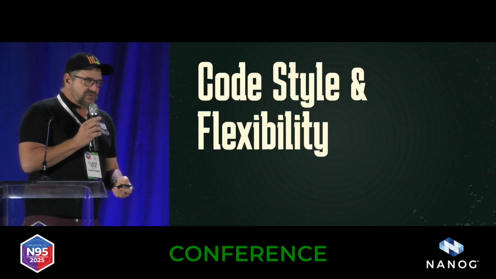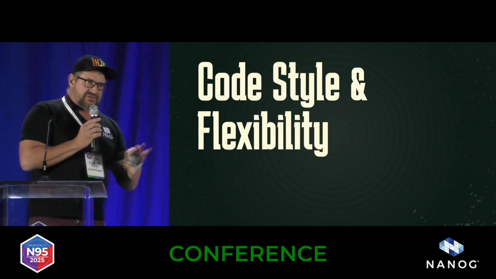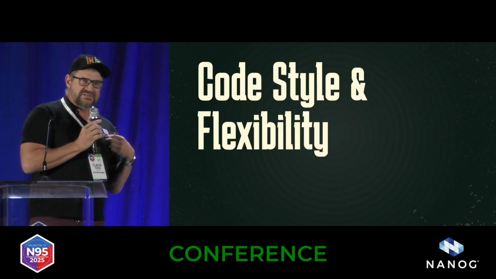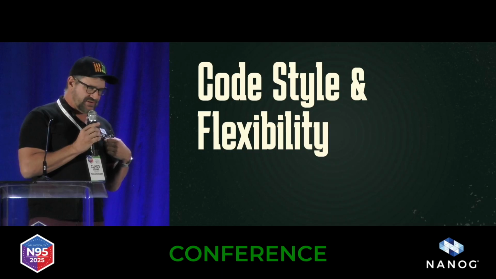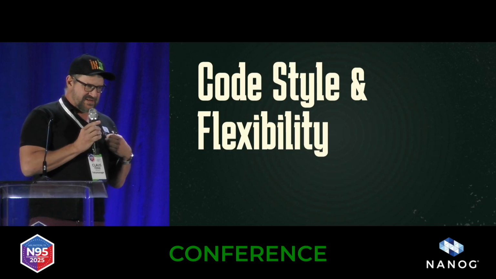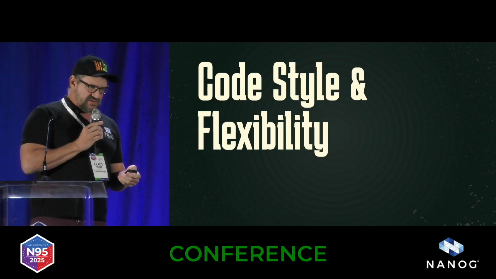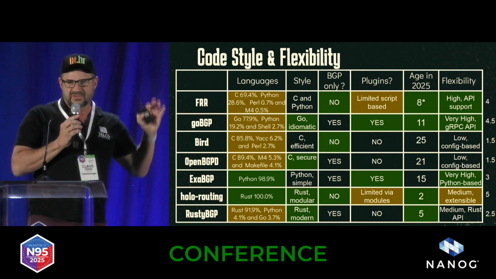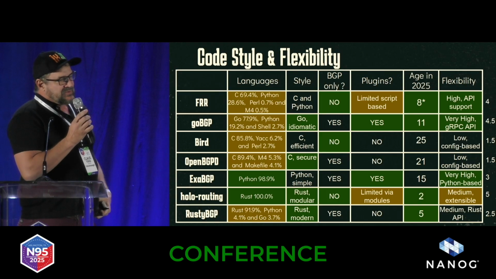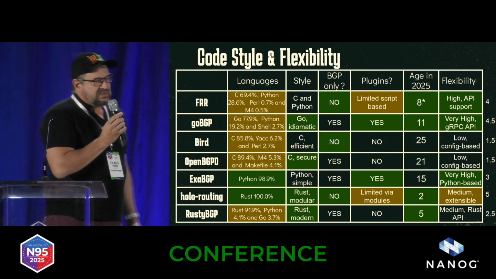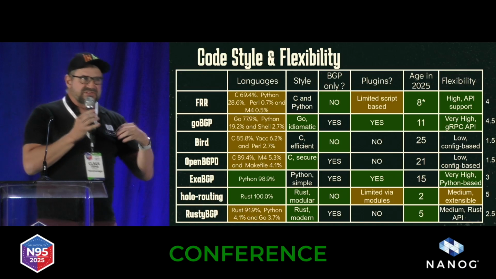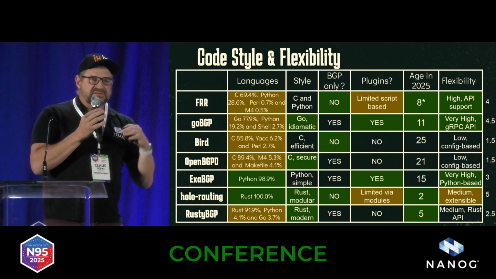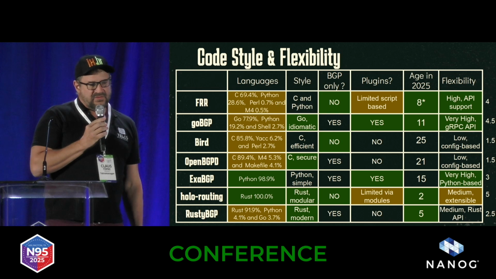Okay, so code style. This is completely personal. Apologies for my points here if I upset anyone, but it's completely personal. Each person is going to say something different, and this is my methodology, right? If the project has too many languages, it's too spread and too complex, I put fewer points.